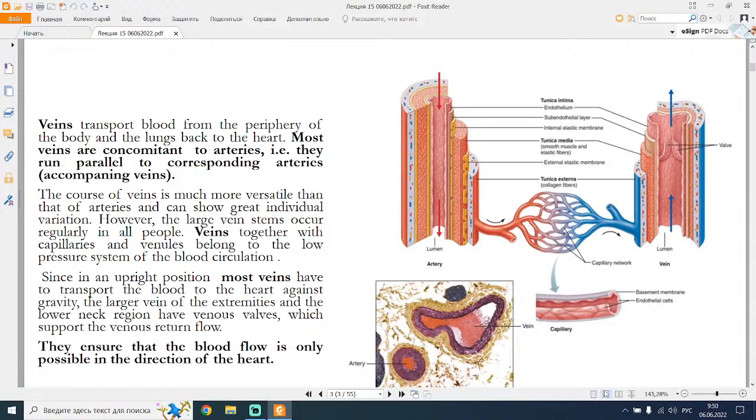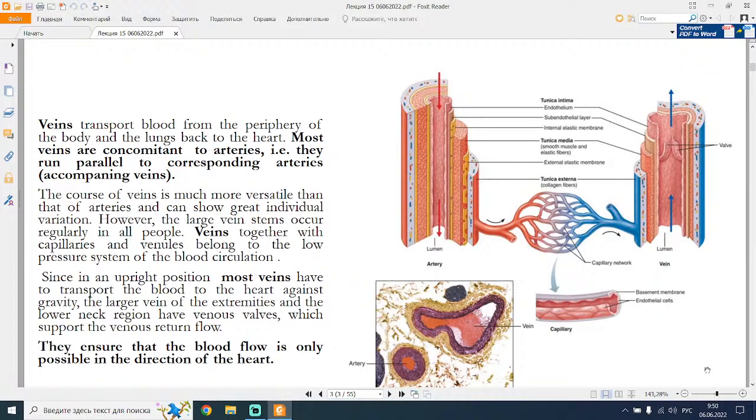Most veins are concomitant to arteries. They run parallel to the corresponding arteries, accompanying veins. The course of veins is much more versatile than that of arteries and can show great individual variation.